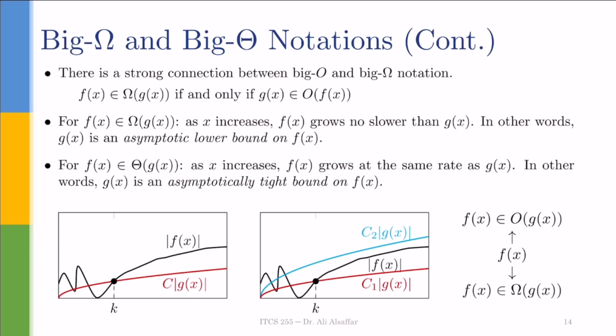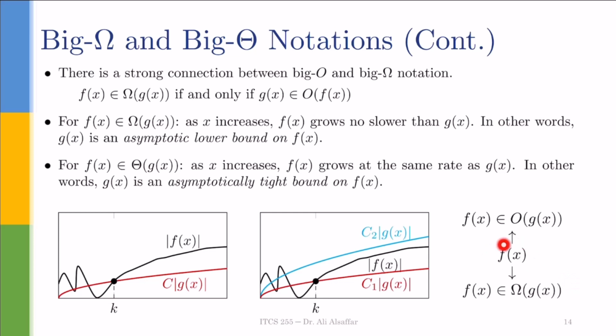This is how you look at the picture of the relationship between big O and big omega. Imagine you have f of x, and you have a function on top of it, which is g of x. Then you can say that f of x belongs to big O of this function. Also imagine there is another function g of x that is drawn at a lower level than f of x.